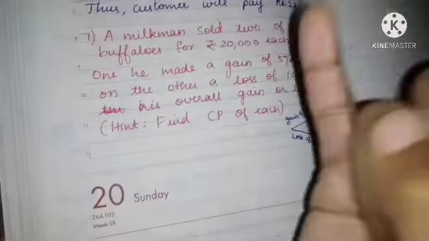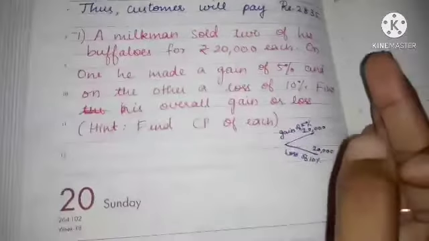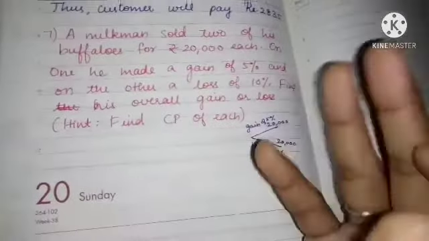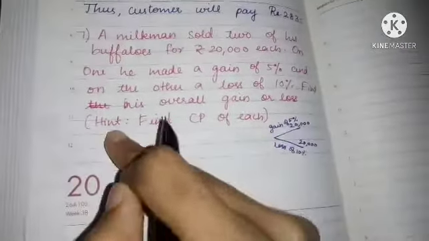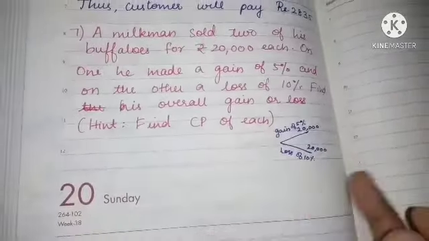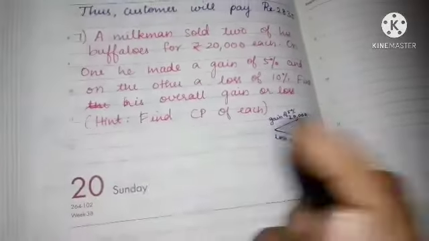They have given gain percentage, loss percentage, and selling price of the buffalo. We want the cost price, because they have given you the hint, find cost price of each. Once you find the cost price of each, it will be very convenient to proceed.